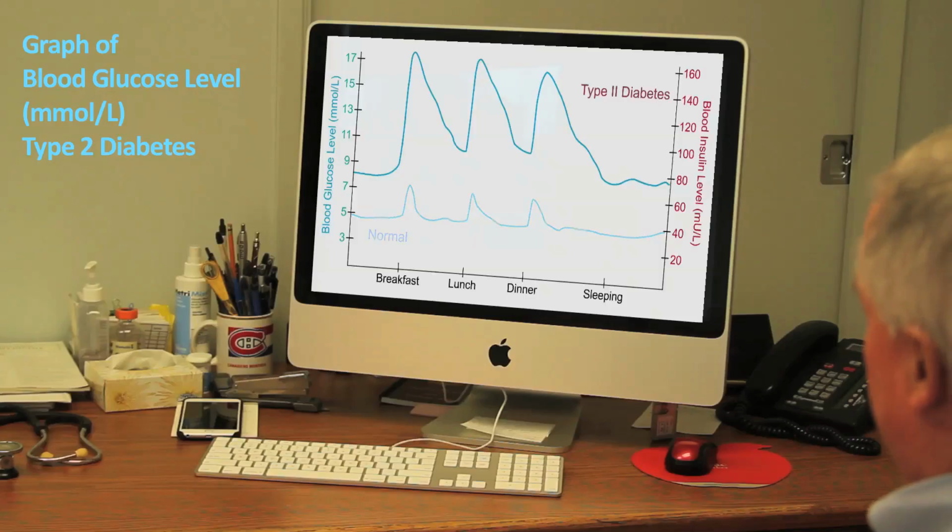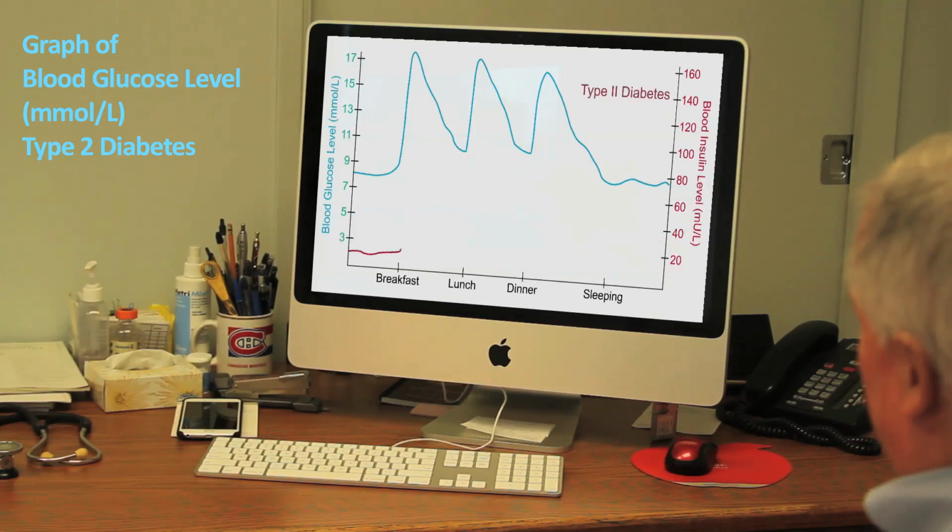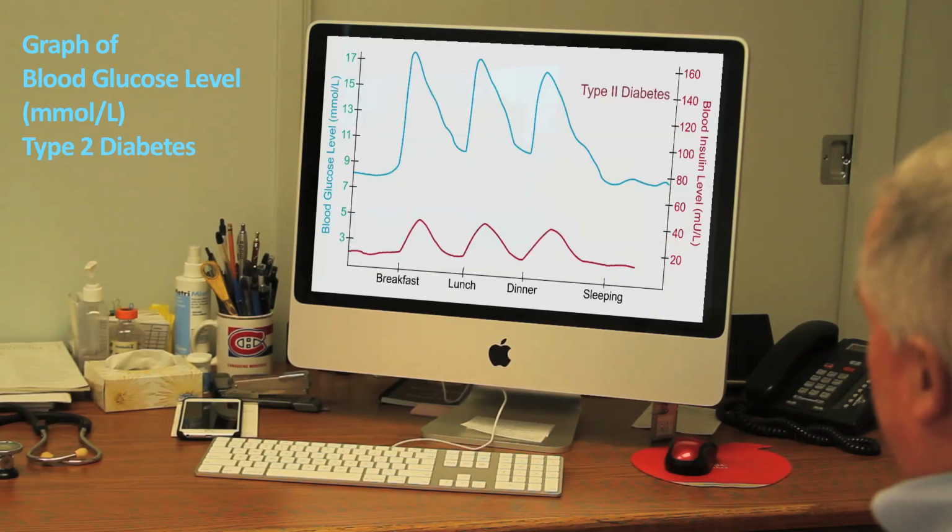And part of the reason for that is one of the first things that happens with somebody with type 2 diabetes is that they lose their first phase of insulin secretion. So that allows that glucose level to escape into the blood.